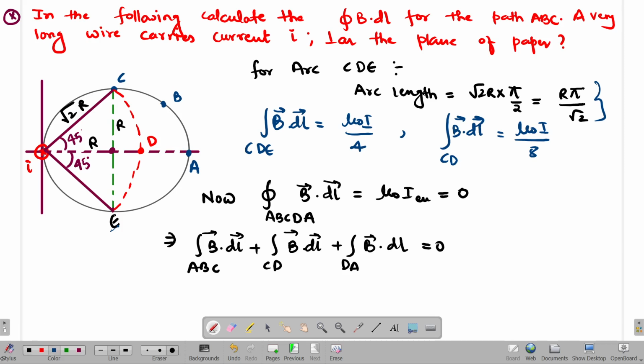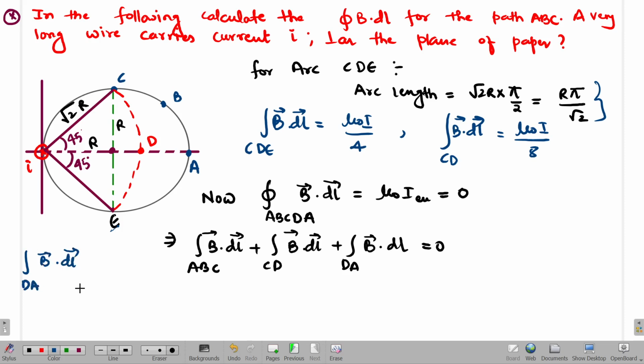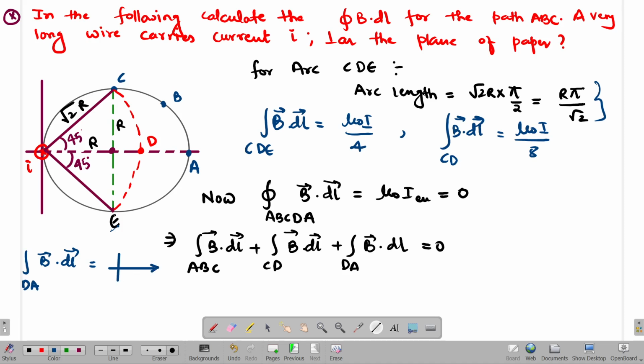If I want to find integral B dot DL for DA path, DL is along that J cap direction, isn't it?